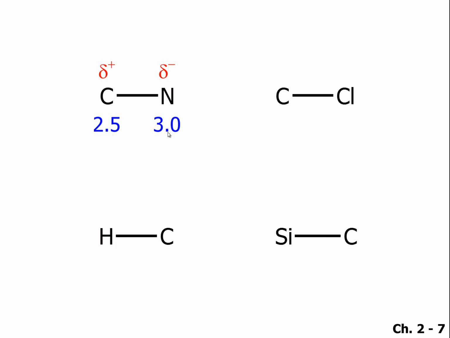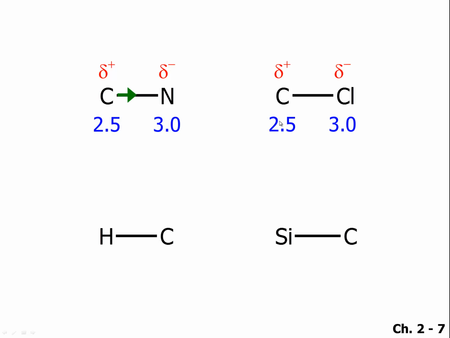So here we go. Our carbon is going to be the less electronegative of the two, and our nitrogen is going to be the more electronegative of the two. So the one with the higher electronegativity is going to be the one where the electrons are pulled towards that atom. All right, in our next example, we can look at our carbon-chlorine bond. This is another bond that's going to be polar.